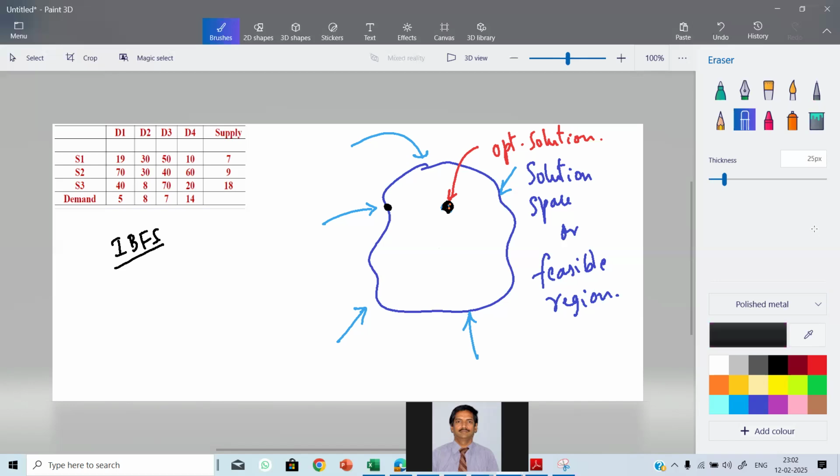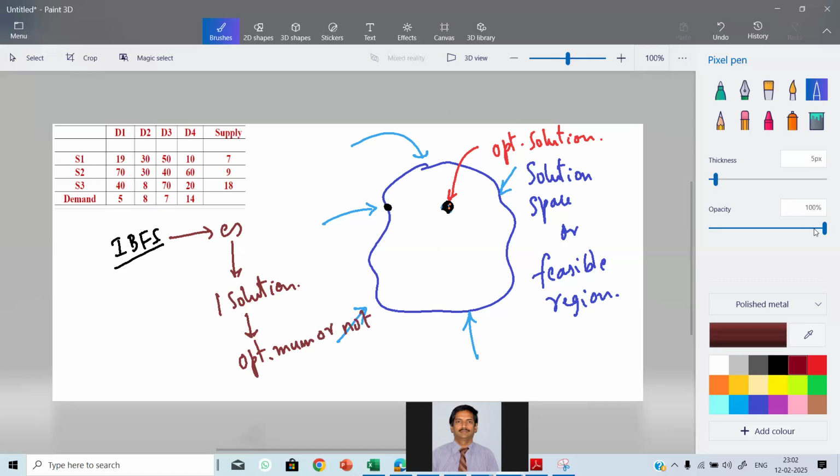Now, there is some problem here. Out of these infinite solutions, I will take one solution. I will check whether it is optimum or not.